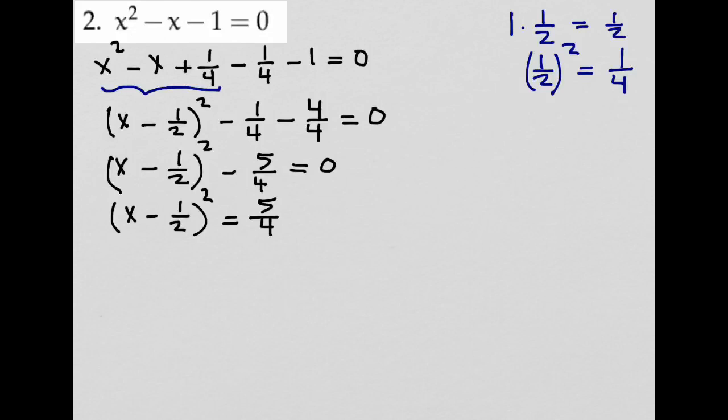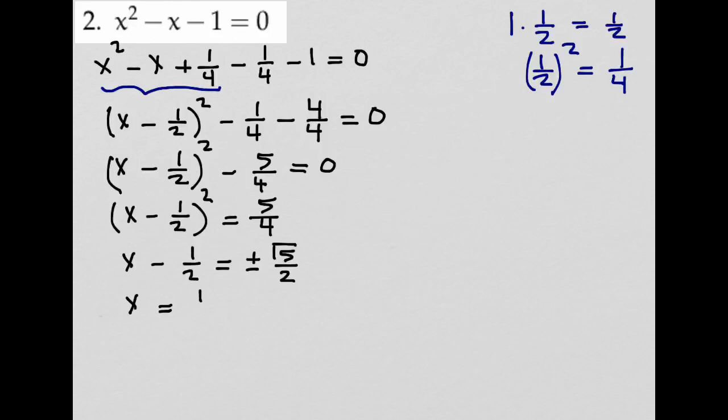Square root both sides to get x minus 1/2 equals plus or minus the square root of 5 over 4. That's equivalent to square root of 5 over 2. Add 1/2 to both sides.